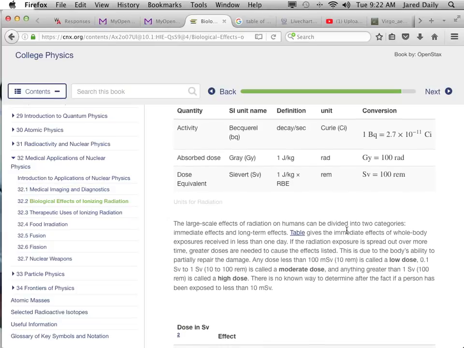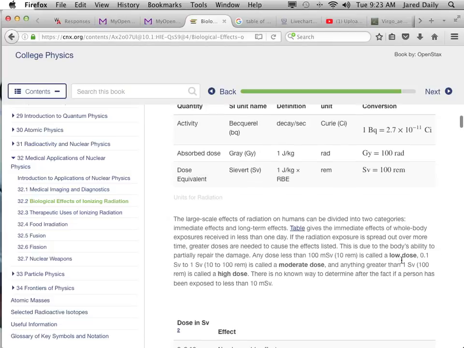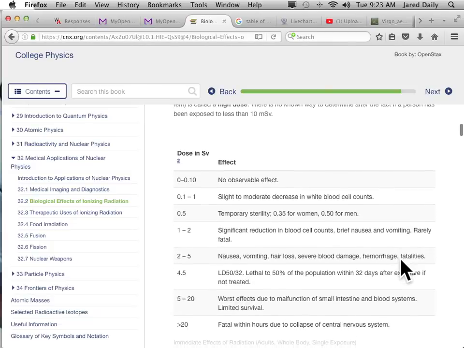So doses less than 100 millisieverts or 10 REMs are called low dose. Moderate doses are from 0.1 to 1 sieverts or 10 to 100 REMs. And then anything greater than 1 sievert or 100 REMs is a high dose of radiation. And if you have low dosage, you can have no observable effects, slight to moderate decrease in white blood cell counts.